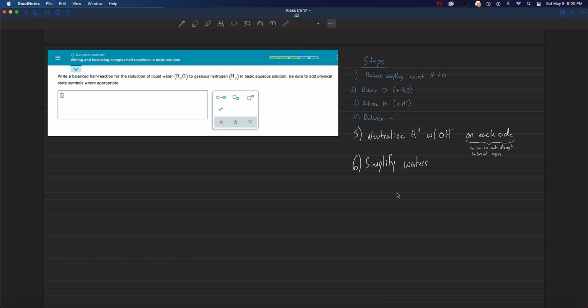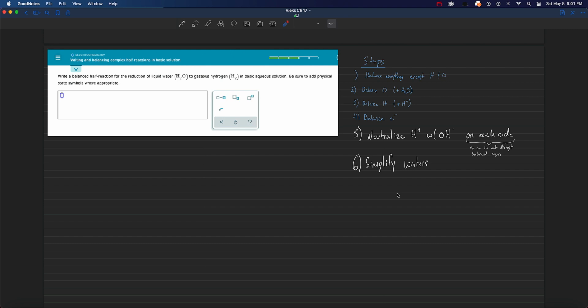And a little other note, just so it's a little bit more clear. I like to include what happens during these different types of reactions because the topic is writing and balancing complex half reactions in basic solution.